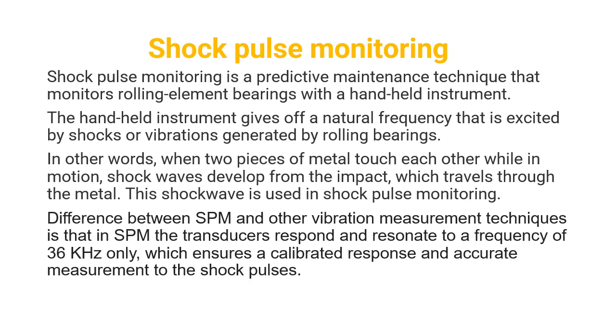So this is also a specialized technique used in certain critical equipment, where vibration analysis is not enough and we need further analysis of the issues, then shock pulse monitoring can be used. This is far more accurate and far more reliable than other vibration techniques.